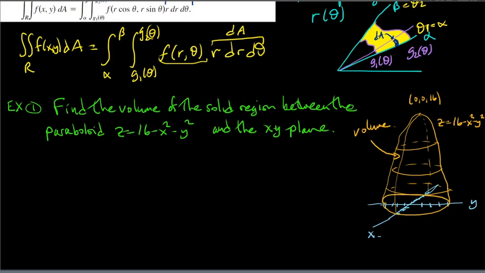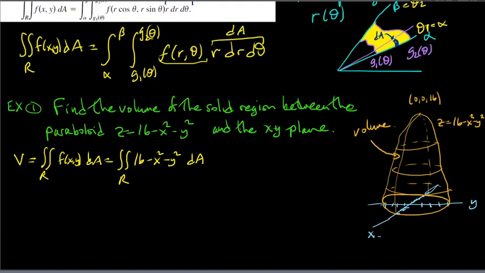Oh, I have just enough space to write this out. Okay, so let's write out the definite integral. The volume will just be the double integral of the function here, which in this case is just 16 minus x squared minus y squared, times dA.